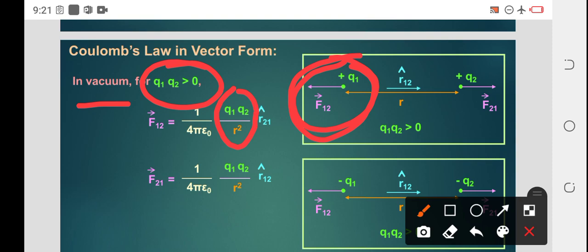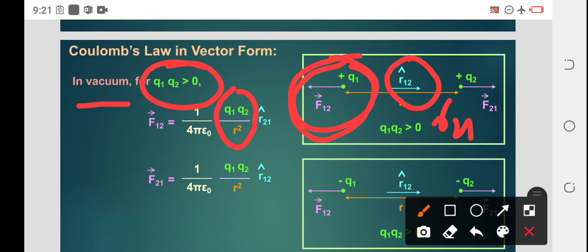What is the distance? With respect to F12, the distance can be considered as R21. You are taking F12, so the distance will be R21.